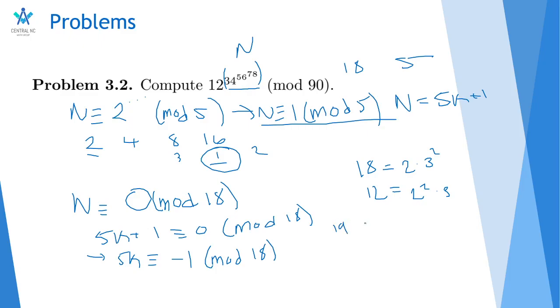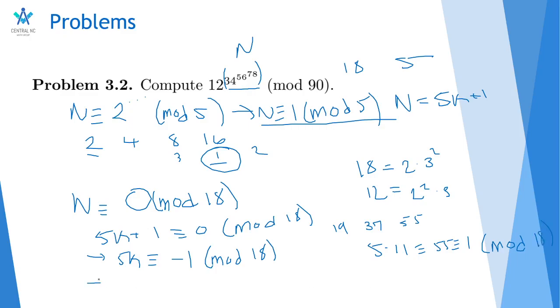If we add 18 to that, 37, which is 18 times 2 plus 1. This is 18 times 1 plus 1. This is 18 times 2 plus 1. And 55, which is 18 times 3 plus 1. And that is definitely divisible by 5, which tells us that 5 times 11 is congruent to 55, which is congruent to 1 mod 18, which tells us that the modular inverse of 5 modulo 18 is 11.